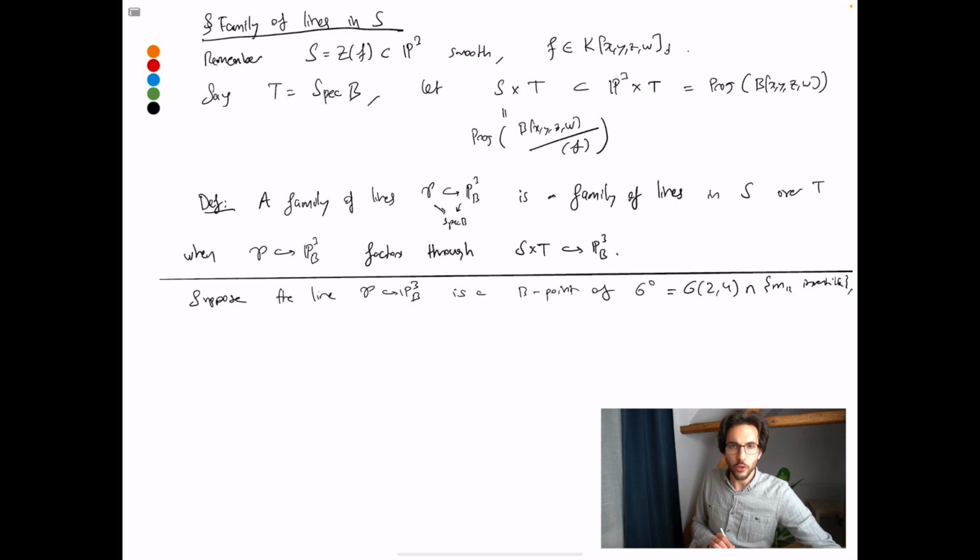So within the terminology that we used last week, I'm just saying that the family of lines over T corresponds to a T point or a B point of our often open chart of the Grassmannian. So I call this G0, and therefore I can represent this line with a matrix as usual.